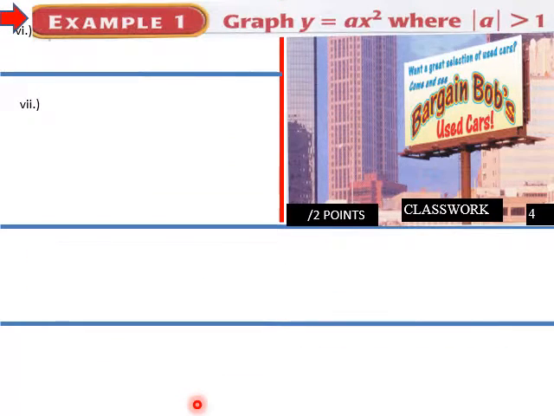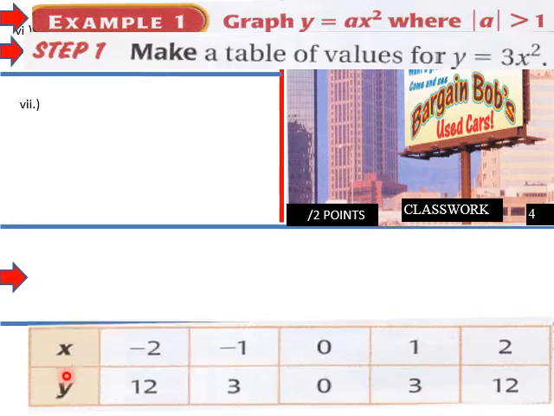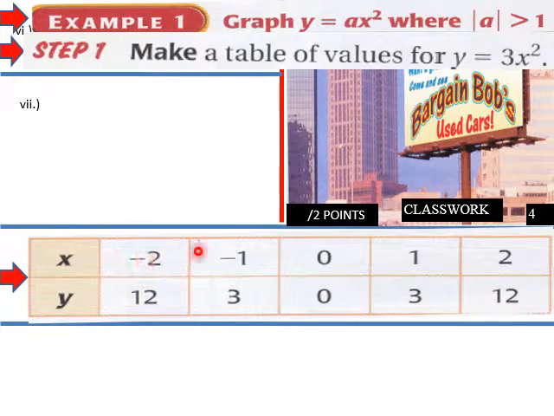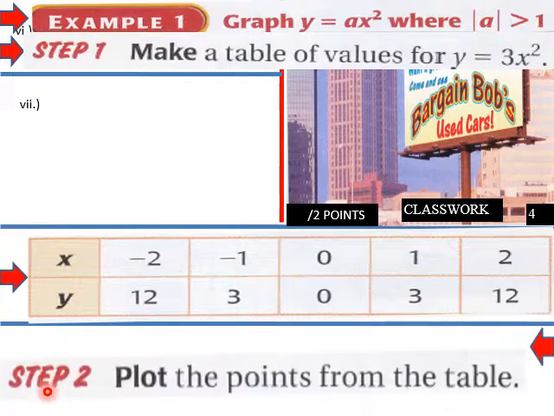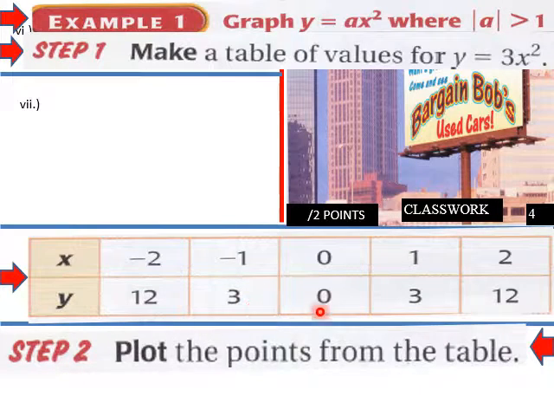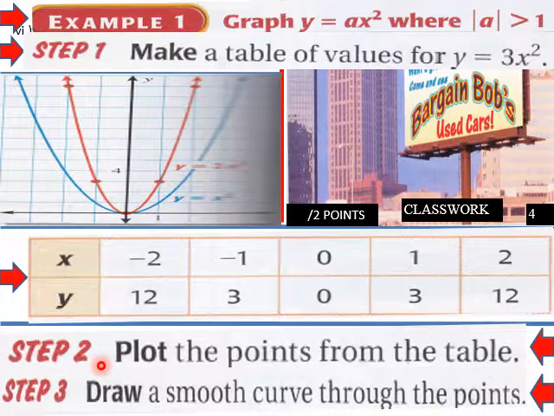First example here, graph y equals ax squared where a is greater than 1. So we have a positive here. Make a table of values. Here's your table of values for y equals 3x squared. Plot the points from the table.